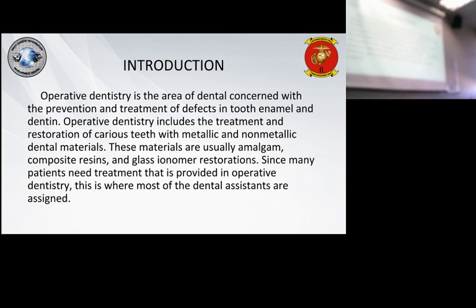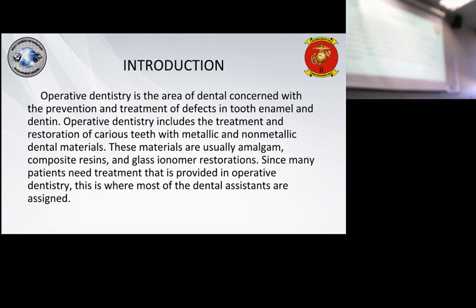Okay, when we're talking about operative dentistry, it's the area of dental concern with the prevention and treatment of defects in the tooth enamel and dentin. Okay? There are always questions on the test revolving around enamel and dentin. Know the difference.